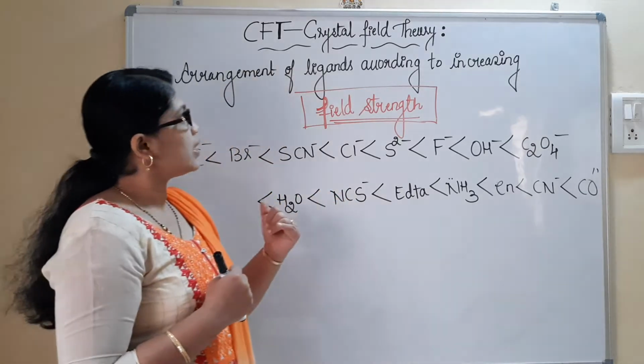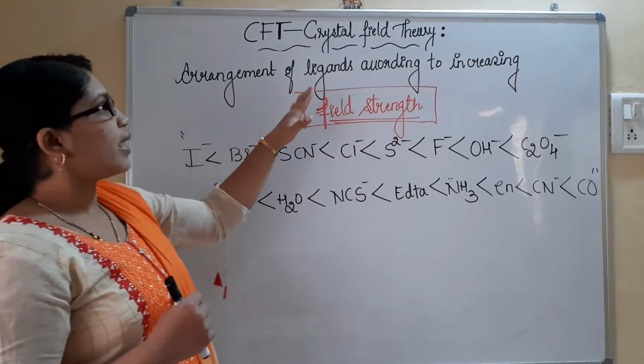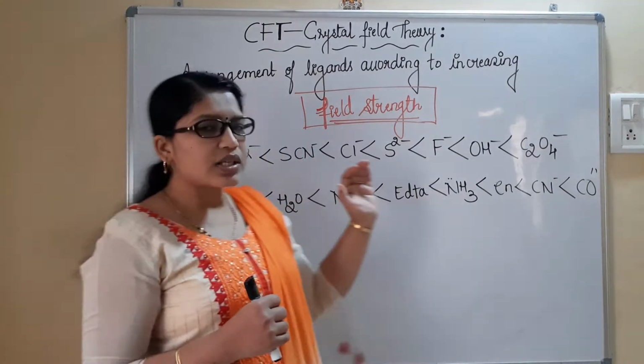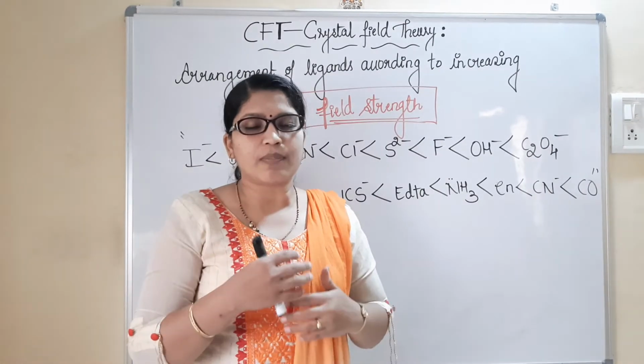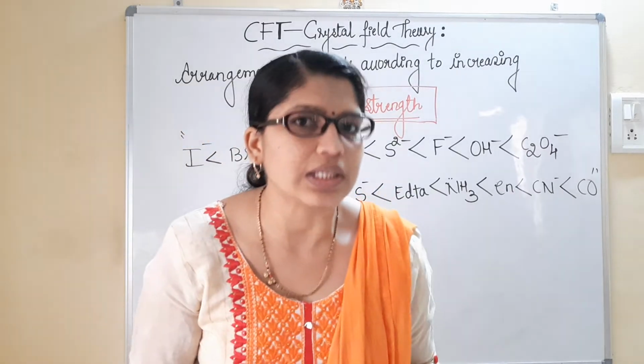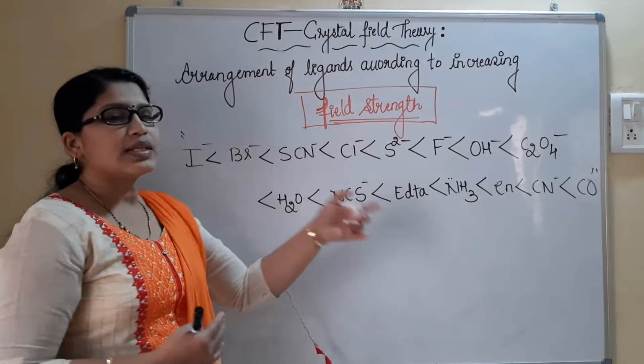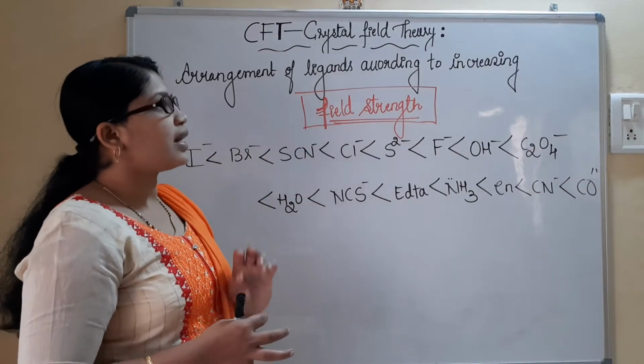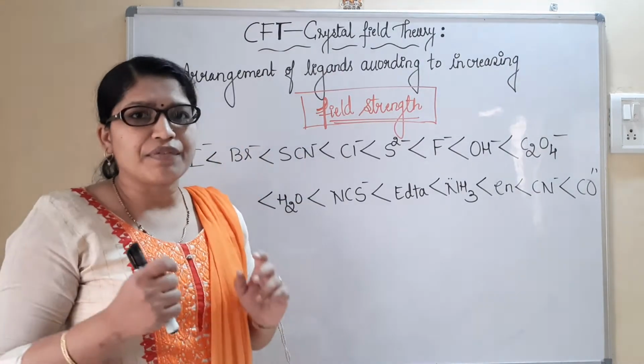Just come here and see that arrangement of ligands according to increasing field strength. This is said to be a spectrochemical series with the help of various experimental data. They have given this arrangement of ligands. So here arrangement of ligands is done with increasing field strength.